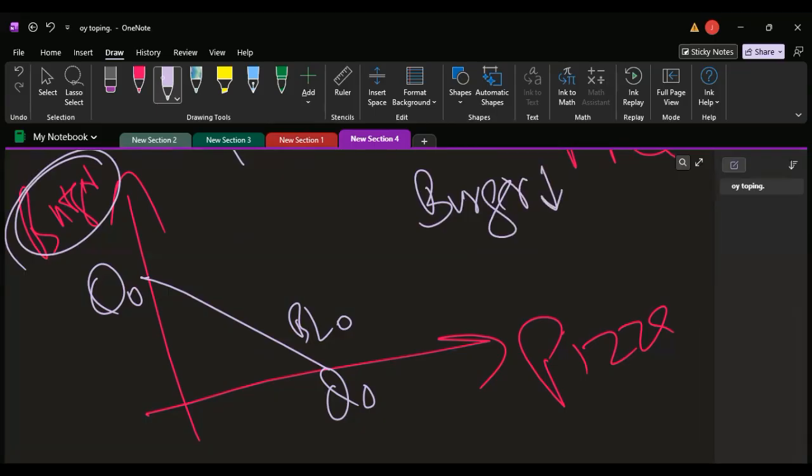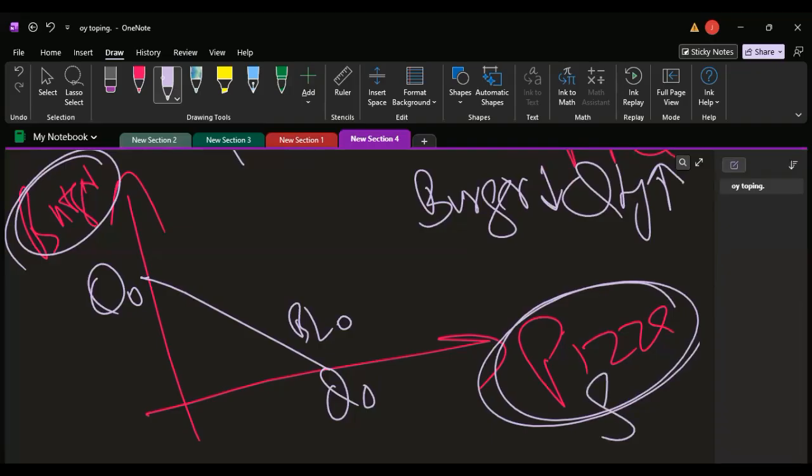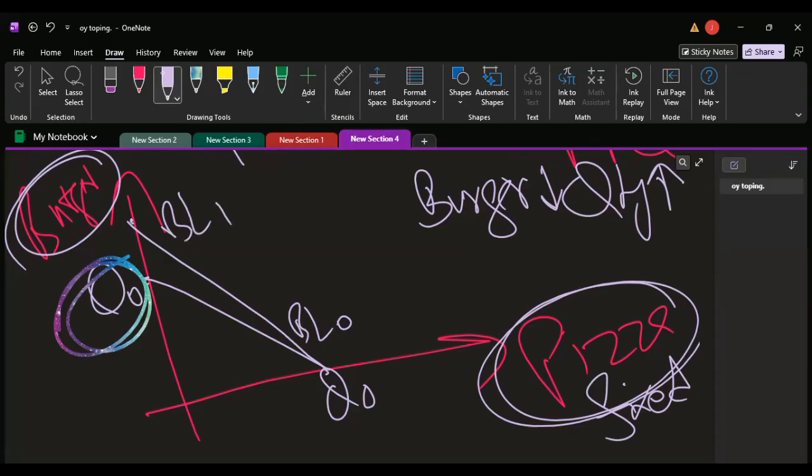Then the consumer will consume more quantity of burgers while we are assuming that the prices of pizzas remain fixed. So if we are consuming at this level, then we will consume more quantity of that one. So here will be the change in the budget line, and the new budget line will be called BL1.